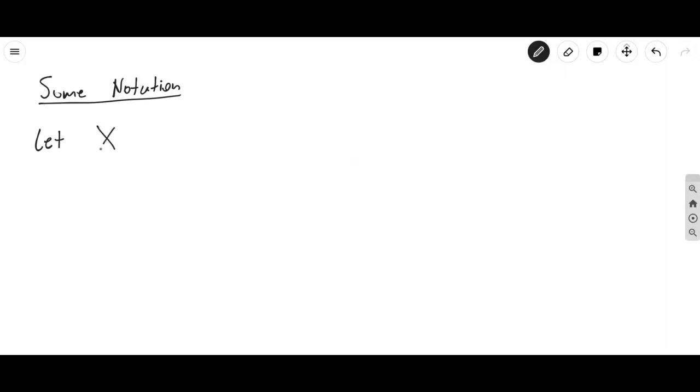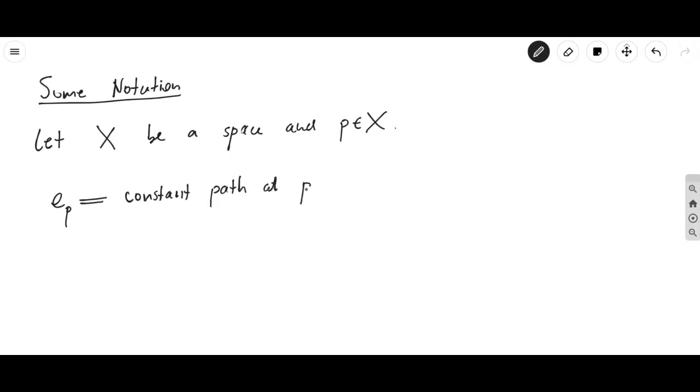Let X be a space, and P a point in X. So e_P is going to be the constant path at P. A path is a function, so e_P is a function from 0, 1 into X. And what does it do at time t? It always gives you P no matter what.